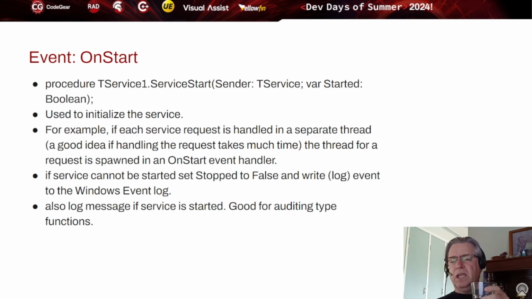I would go so far as to say that when your service is started, I would also write a message to the Windows log to say, hey, I've started, everything's okay. There's nothing worse than for, let's say, a network admin to come and say, why wasn't this service started? Let's say half a day later, and realize information has been lost.